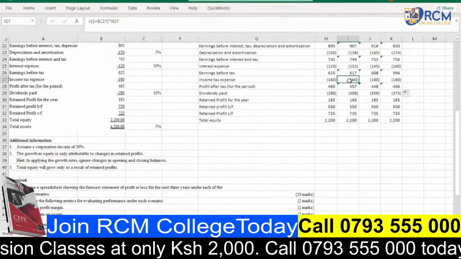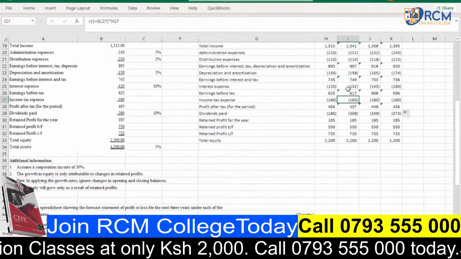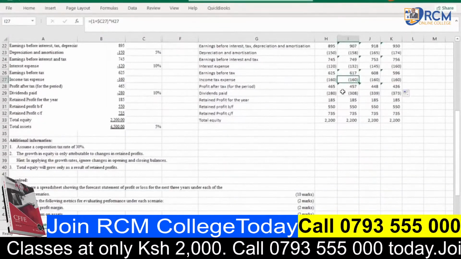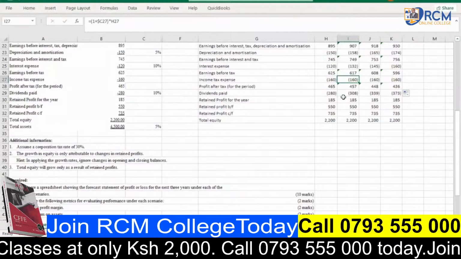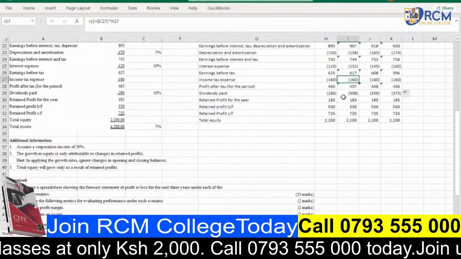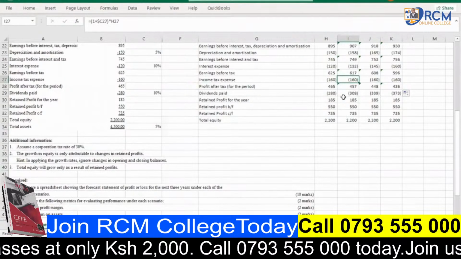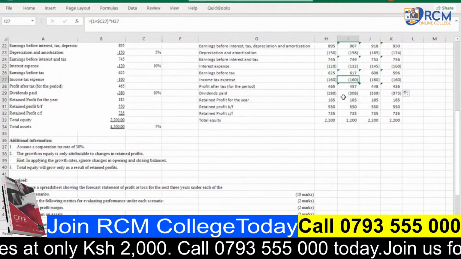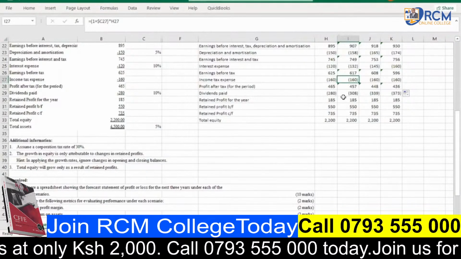But now the taxes for year 2, that is 2023. I want somebody to help us get the taxes for 2023. How are you going to calculate the taxes, given that the corporate tax is 30%?